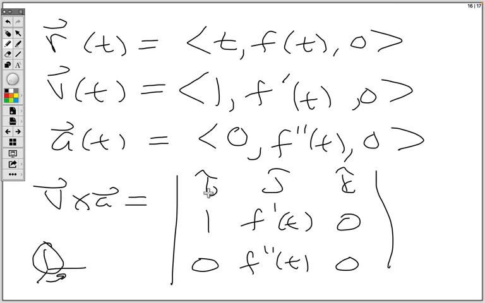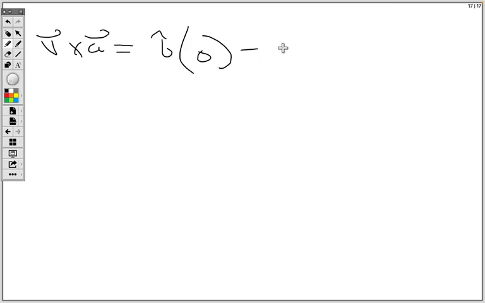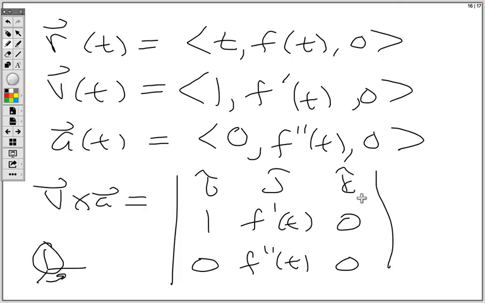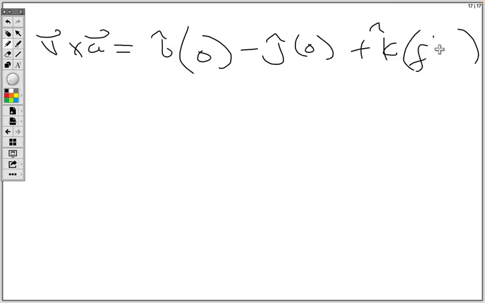Once again, ignore the column that j is in. We get a bunch of zeros there. So all the interesting stuff is going to happen here in the k. If I wipe out the row and column the k is in, I'm just getting f double prime minus 0. So there's the f double prime of t.